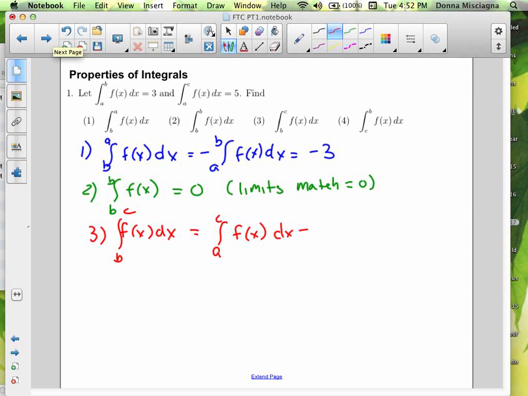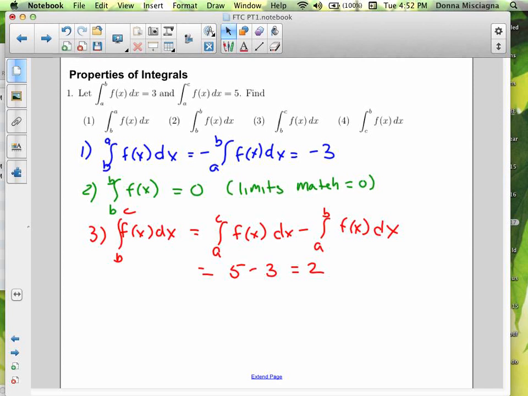All right, so that's going to leave us b to c. And that is a to b, f of x dx. So that's going to give us 5 minus 3, so that would be 2. And that's what the integral from b to c of f of x dx would be.